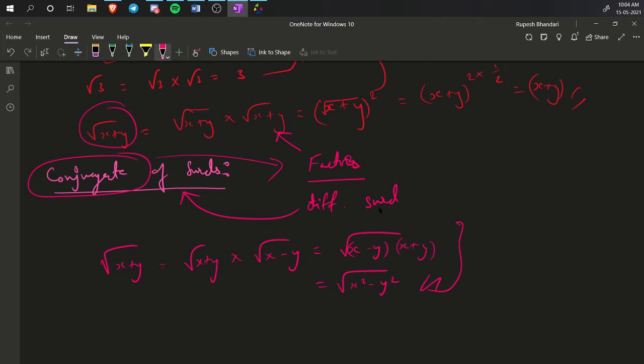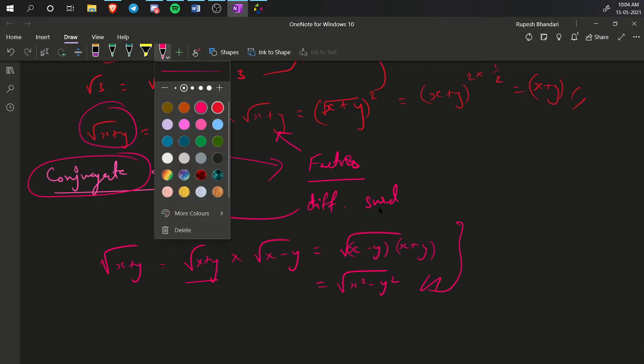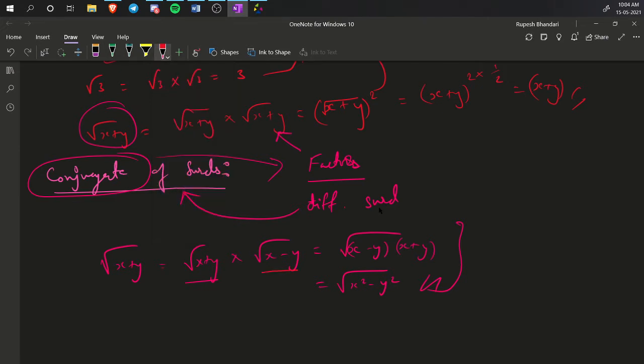Don't look at the problem right now. What we have to look at is what we are multiplying by. This is the factor I was talking about, the multiplied surd which is different from this one. See the sign difference here. That is known as the conjugate of surds.